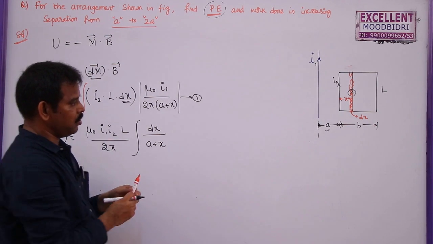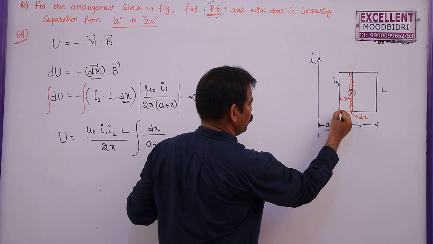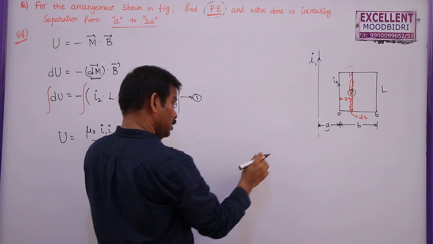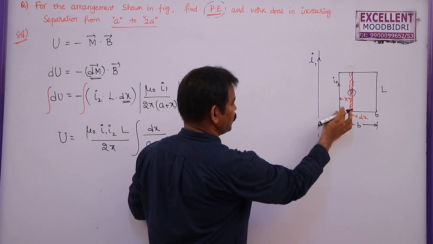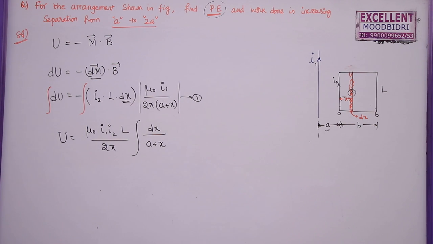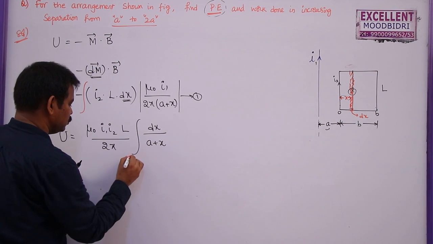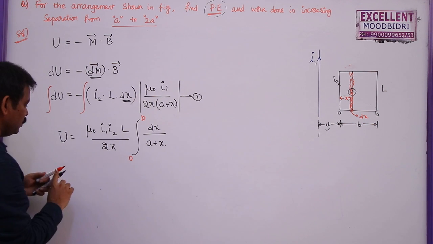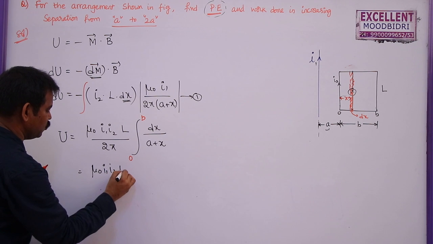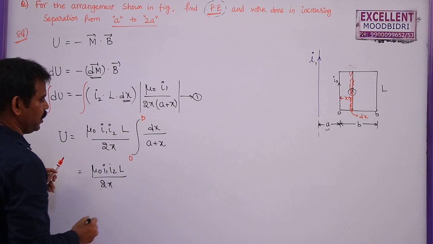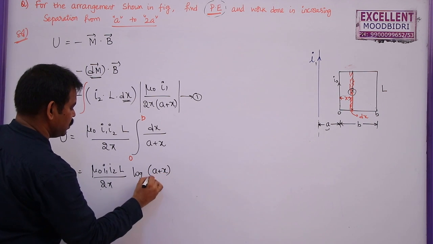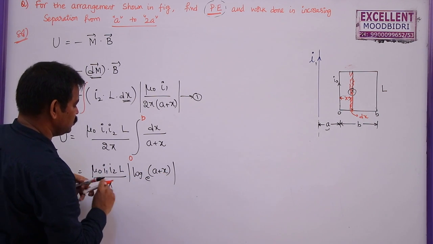The minimum value of x is 0, and the maximum is b. So you can write this as mu naught I1 I2 L by 2 pi, log of A plus x to the base e with limits 0 to b.